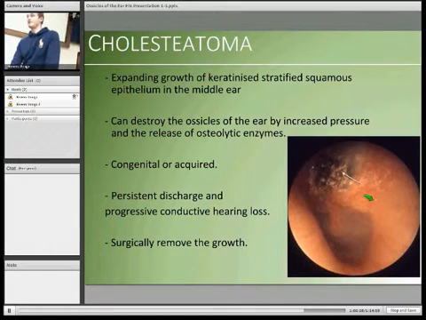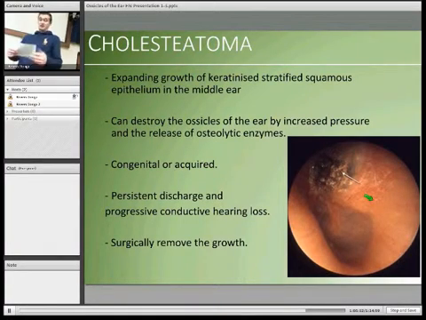And then cholesteatoma, which has been discussed a few times already today, can affect the functioning of the ossicles. As people have said already, it's expanding growth of keratinized stratified squamous epithelium within the middle ear. And this can either increase the pressure within the middle ear, or it can cause the release of osteolytic enzymes, which will then damage the ossicles of the middle ear.